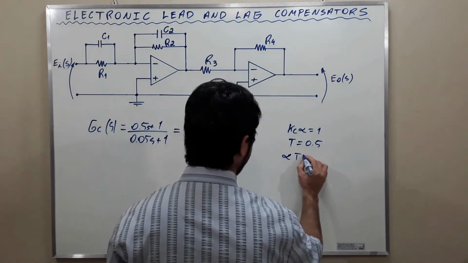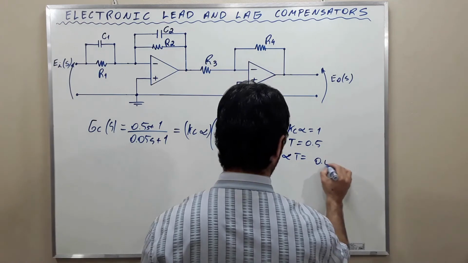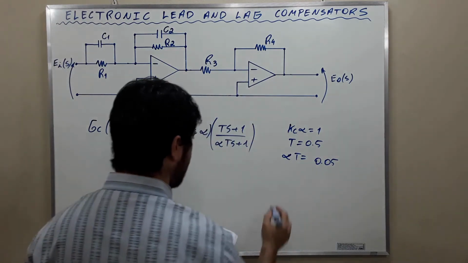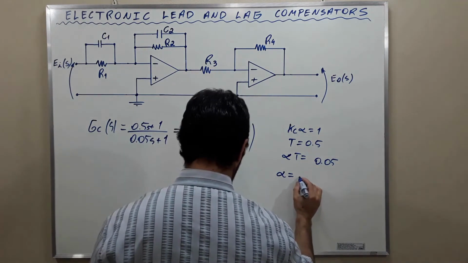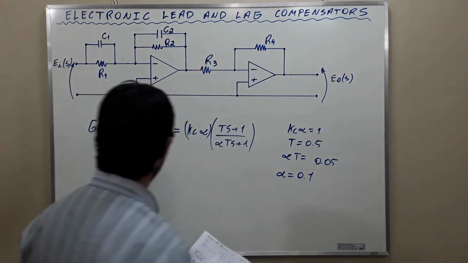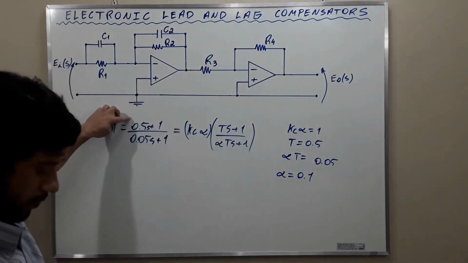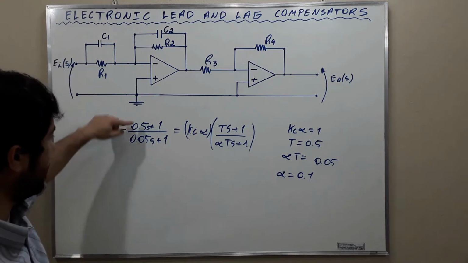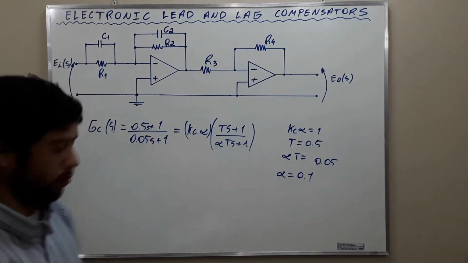Therefore alpha is equal to 0.1. We divided this by this and we get 0.1.